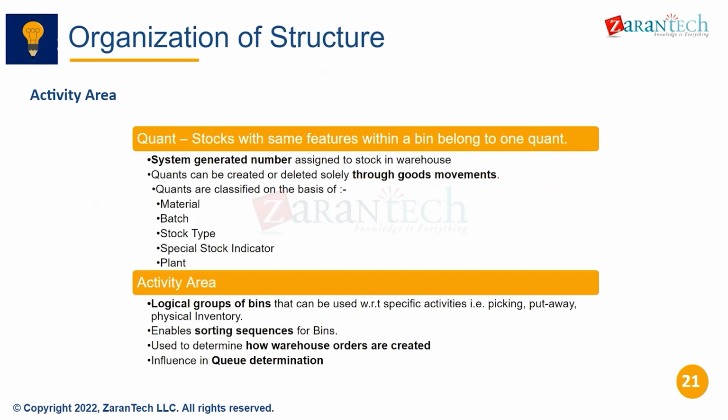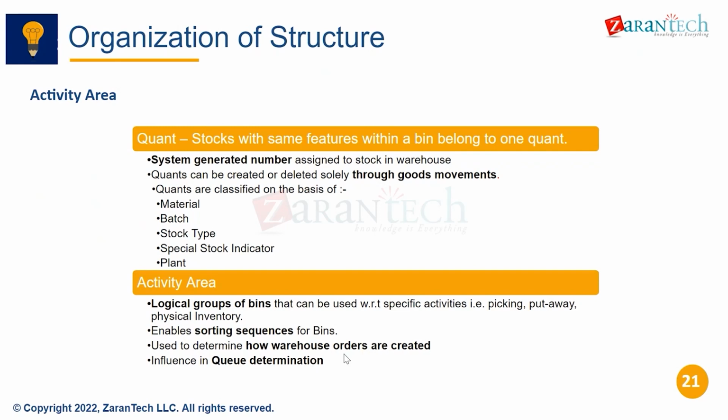Once he performs that activity, he will confirm that warehouse task to say he has completed it. This is how movement of stock is done in the warehouse. This is how operators, super users or managers can track what activities are completed by a particular user, and any movements in the warehouse will be tracked in the warehouse task.